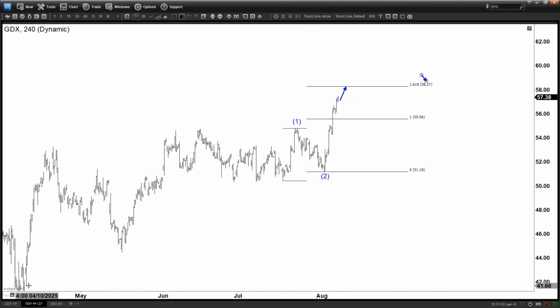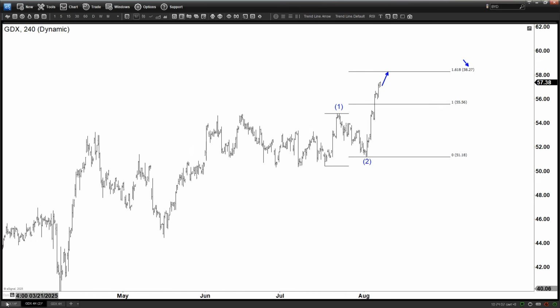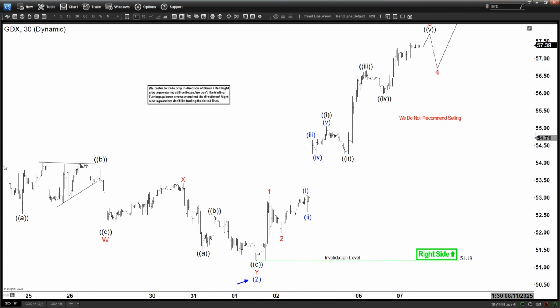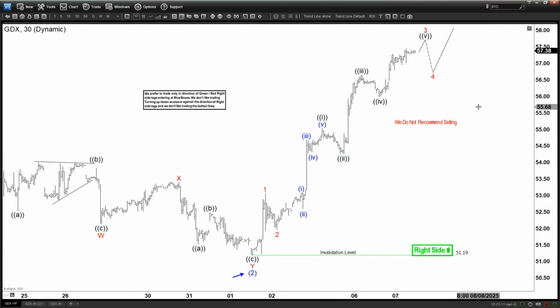And if I go back to the 1 hour time frame and look at the subdivision within this 3 here, now you can see if you just simply count the number of swings, you have this 1, 2, 3, 4, 5, 6, 7. So we get a 7 swing from it.